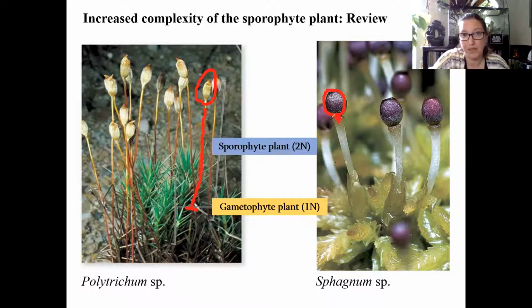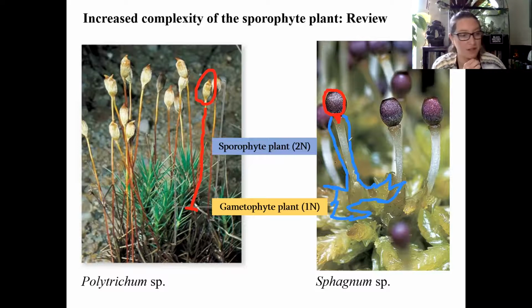Remember that the little stalk that elevates the sporophyte plant is actually part of the gametophyte plant. What's the stalk called that elevates the sporophyte plant in the sphagnum?